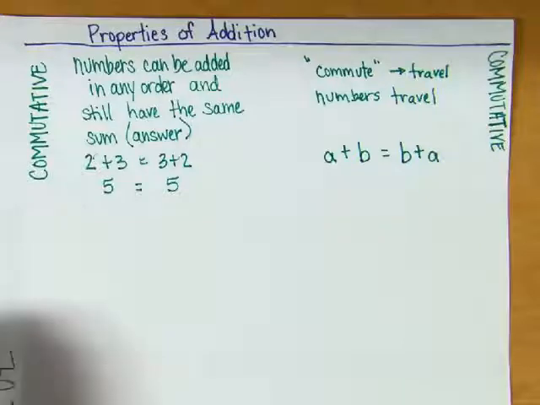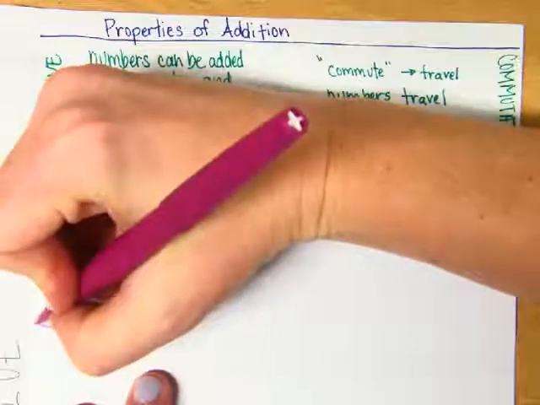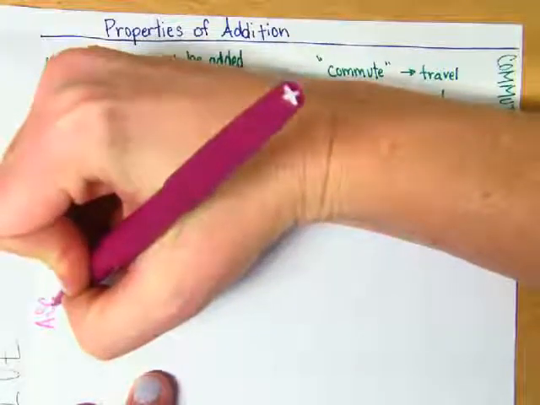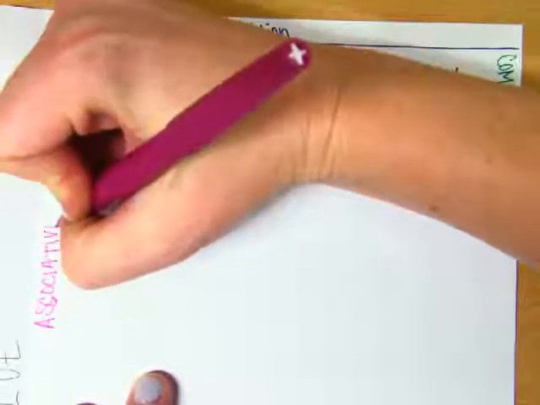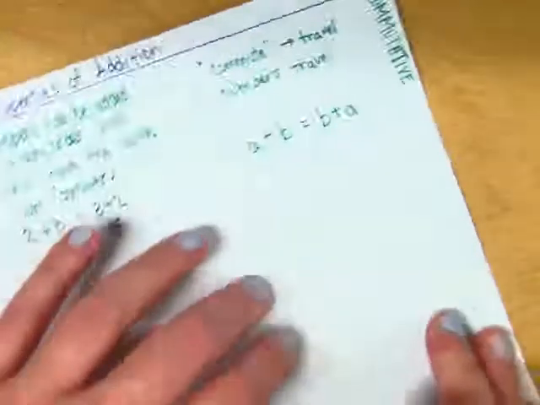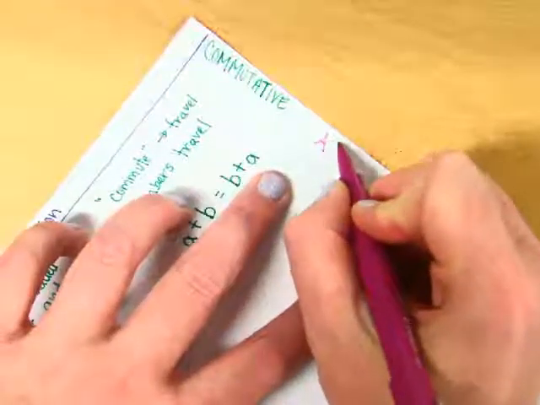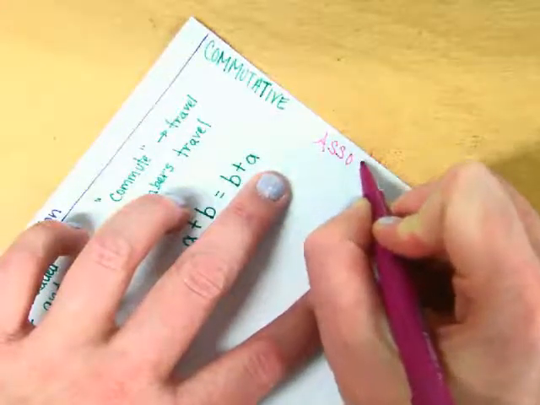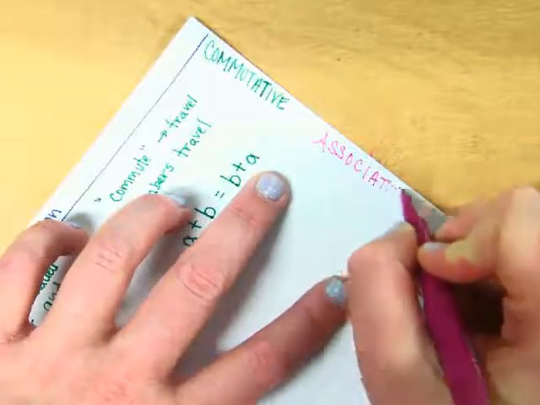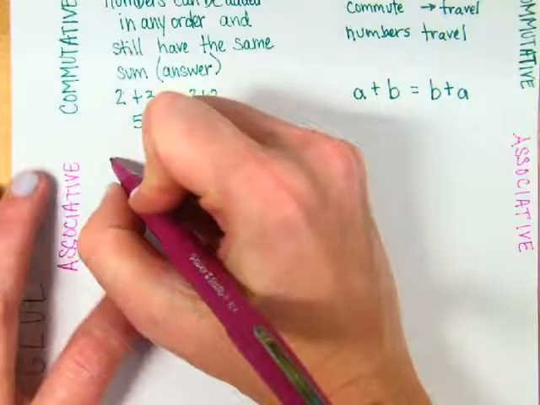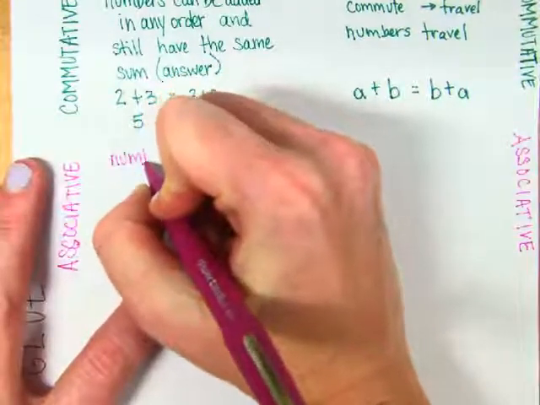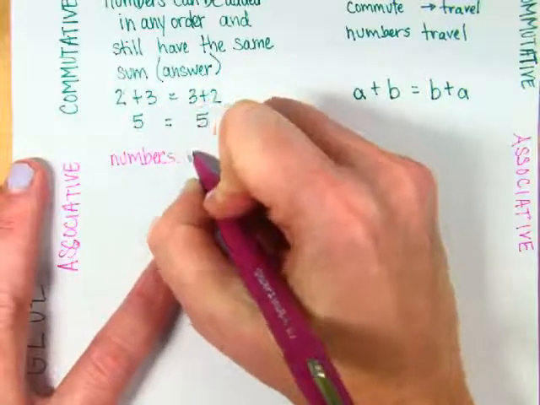Next, we're going to look at associative property. And this is the numbers that are inside the parentheses change.